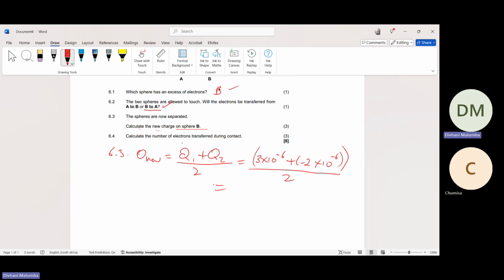I think it's 0.5, and the unit is coulombs. Is it true? Let me check, sir.